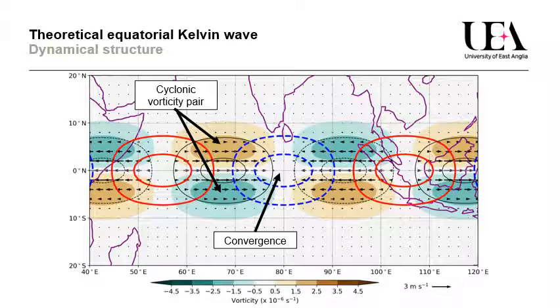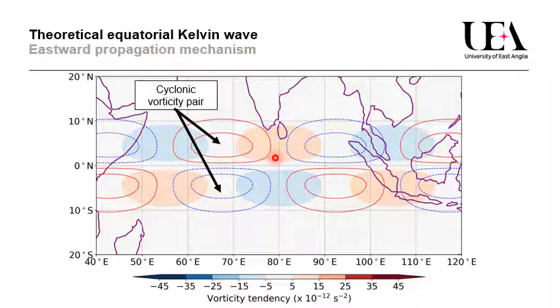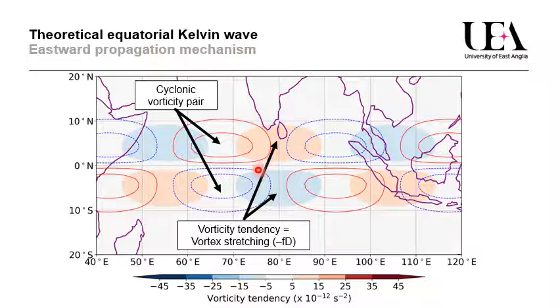We can use this to look at how a theoretical Kelvin wave propagates. On the next slide, the line contours here are the vorticity anomaly that was shaded in the previous slide. Again, we've got that cyclonic vorticity pair. The shading shows the vorticity tendency, which is exactly equal in this theoretical case to the vortex stretching term, the minus fD term.